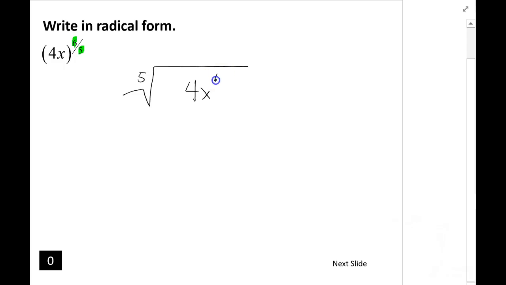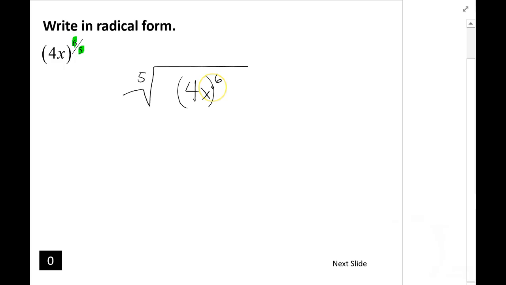Now, if I write this raised to the sixth, just like it is now, what this is saying is that x is raised to the sixth power, but 4 is just 4. It's not raised to the sixth power. So that is why we need to write parentheses around the 4x. Now that sixth power applies to both the 4 and the x.